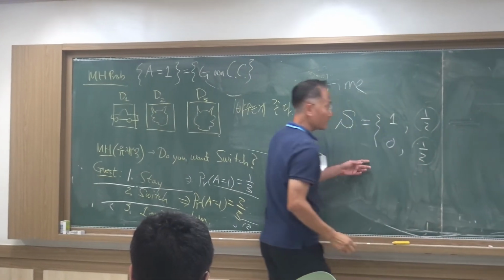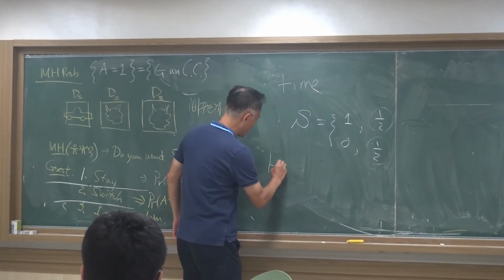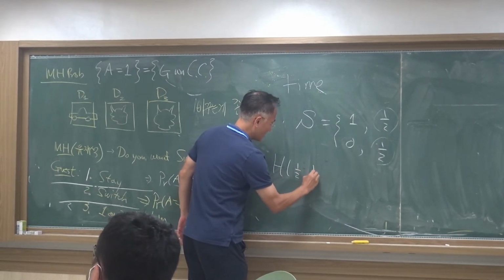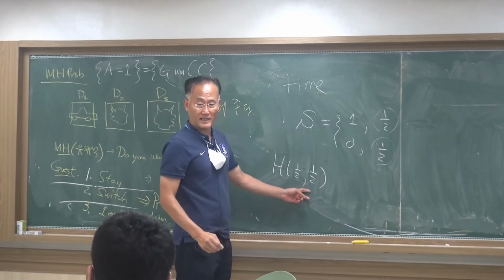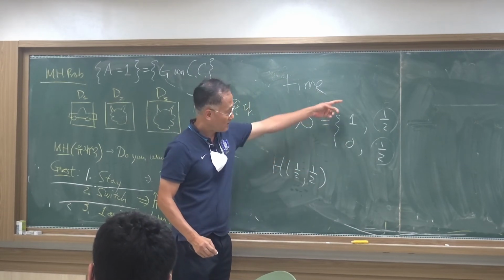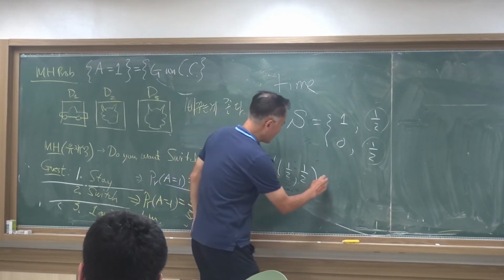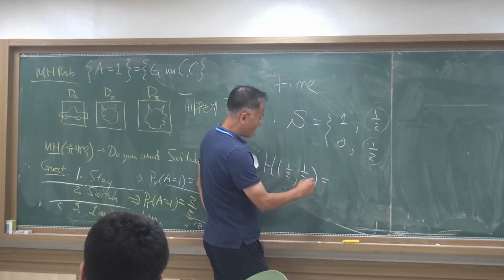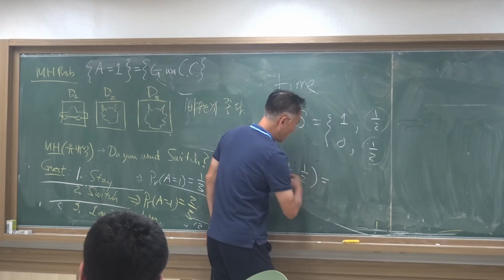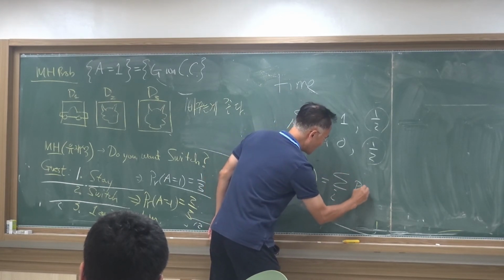Then in this case, what is the entropy? Entropy is a function of distribution. This is the distribution of this source, 1s and 0s, probability half and half. Then what is the expected value of this, or the average, or the entropy? Entropy by the definition was this.